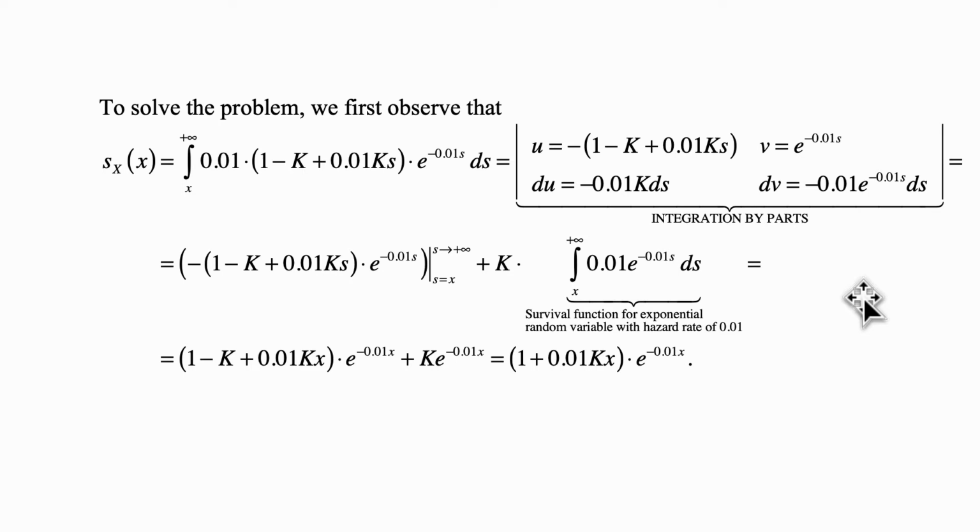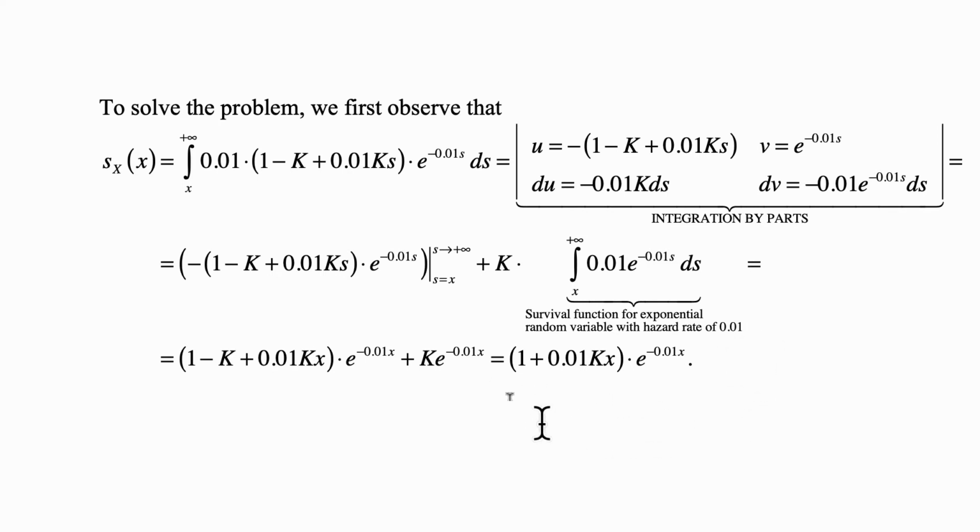This is actually the integral of a density from x to plus infinity, so it's the survival function for an exponential random variable with hazard rate of 0.01. So this becomes 1 minus k plus 0.01 kx times e to the minus 0.01 x, because this expression here as s goes to infinity is zero, and at x we get this value with minus minus, so a plus sign in front, and this expression here is simply k times the survival function for this exponential random variable with hazard rate of 0.01.